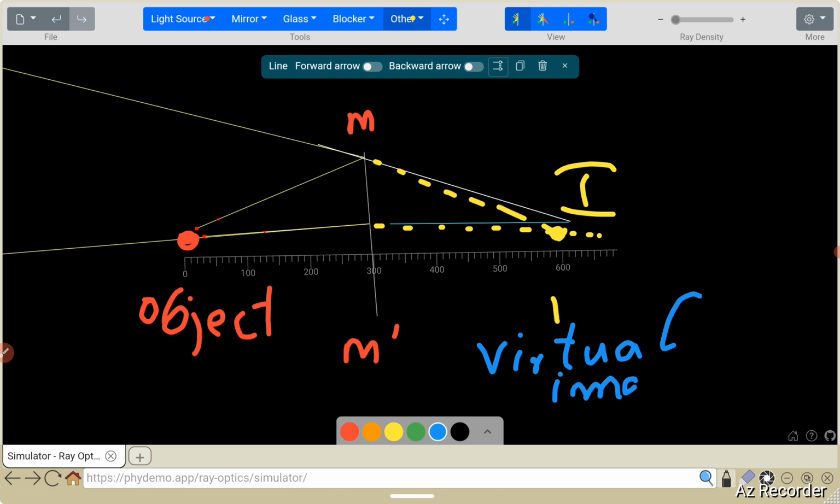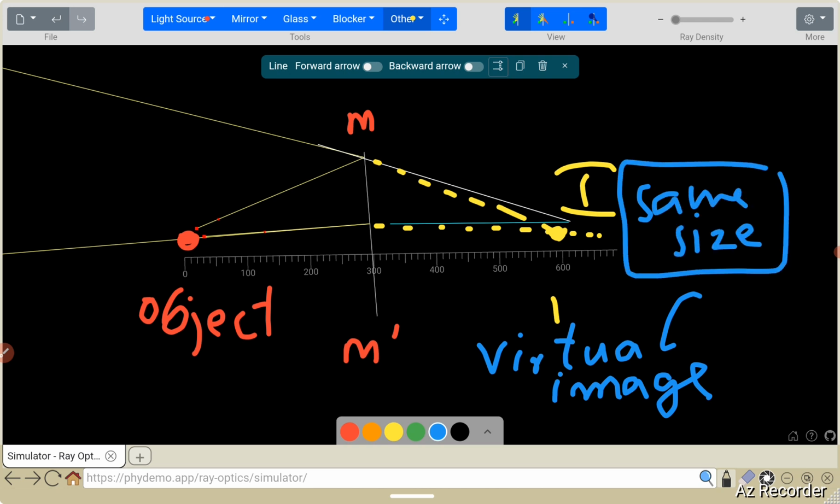And how will it be? It will be of the same size. Very, very important. So a plane mirror forms a same size image and it is virtual in nature. Now this image, can you take it on any screen?